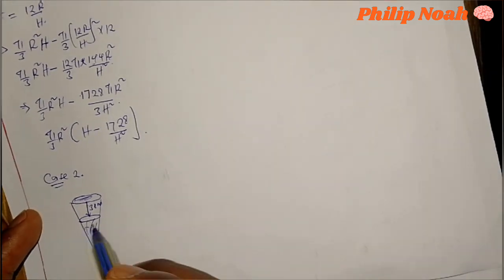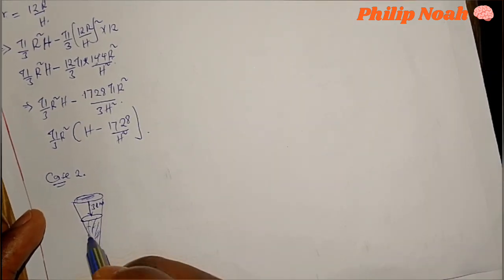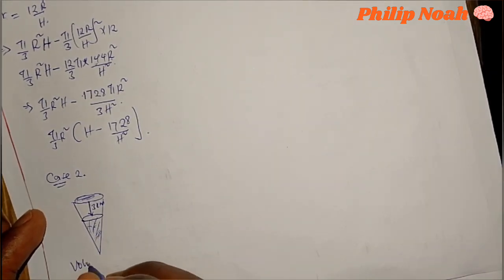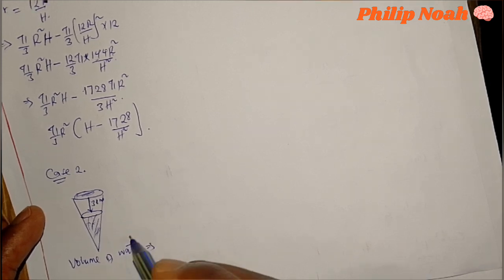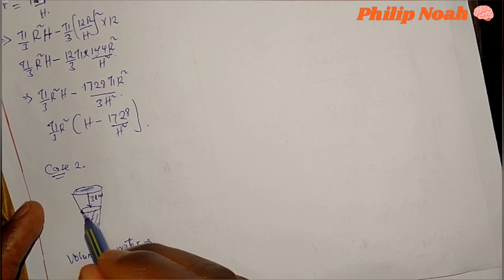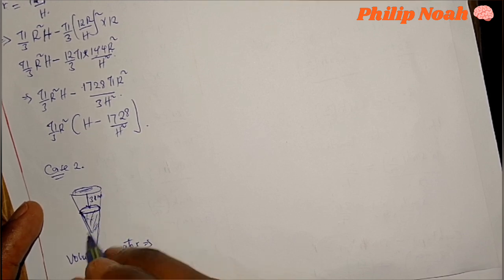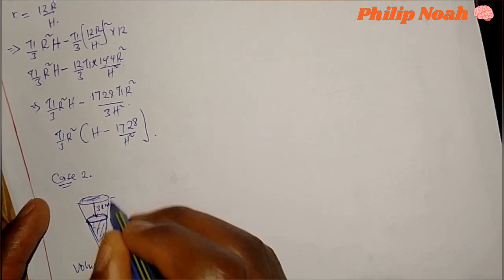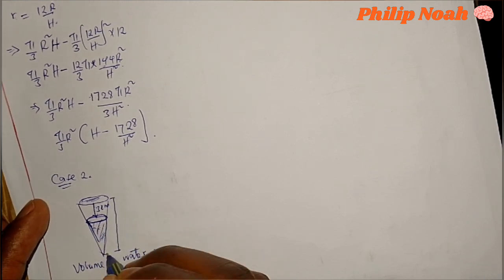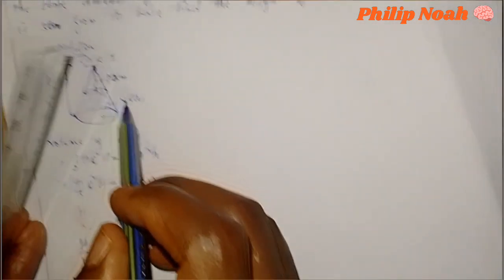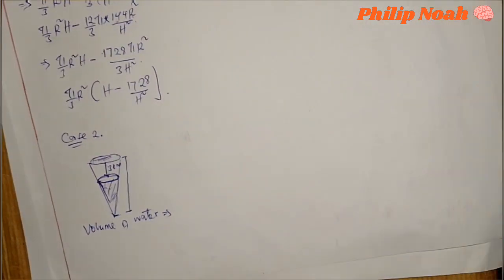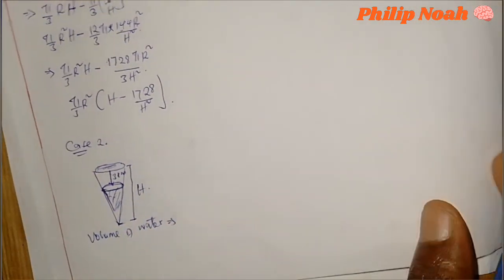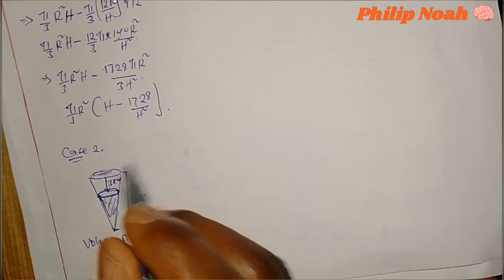So we shall also find the volume of water. In this case 2, the volume of water is just the volume of this cone here, this one. And remember, from this point to this point is the same height H. So this is H, and this is 3 centimeters.